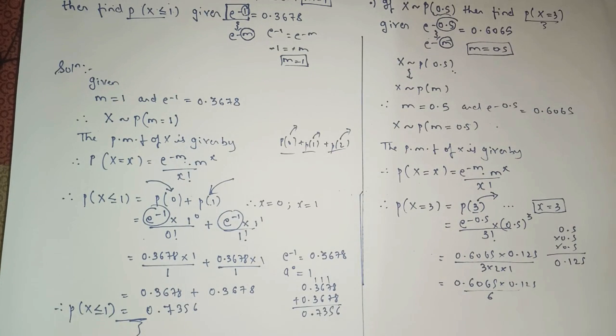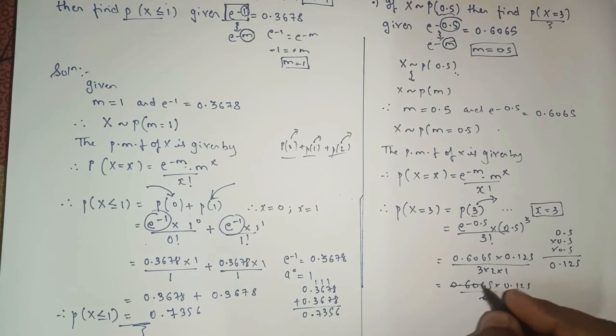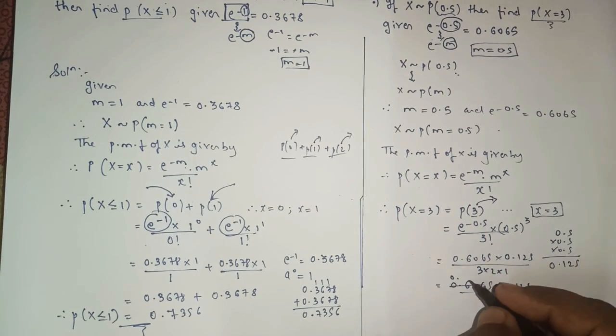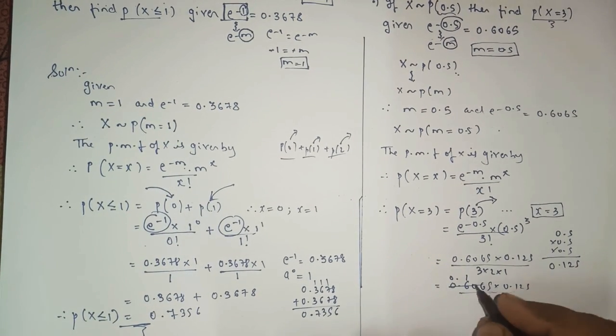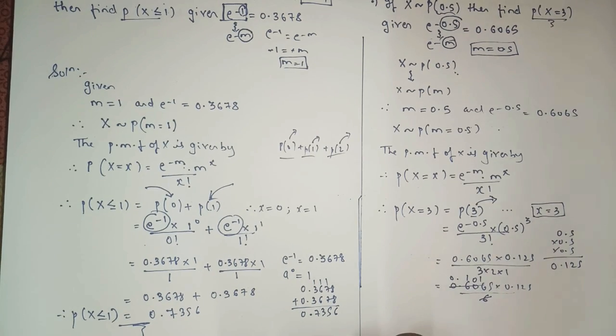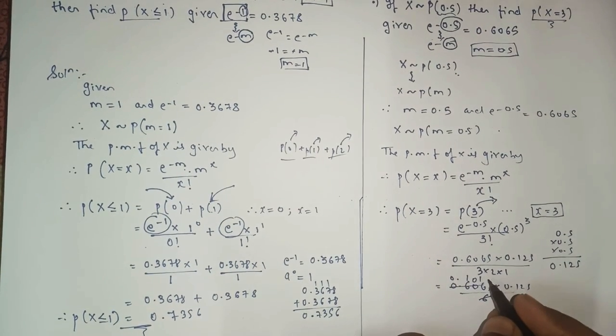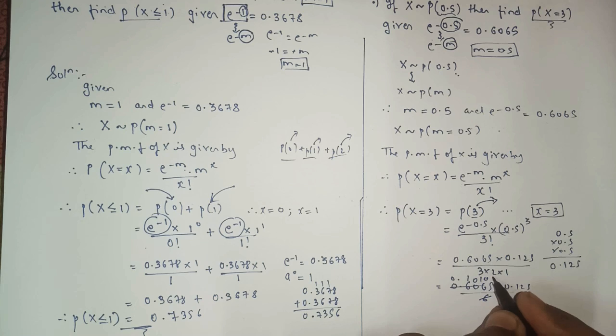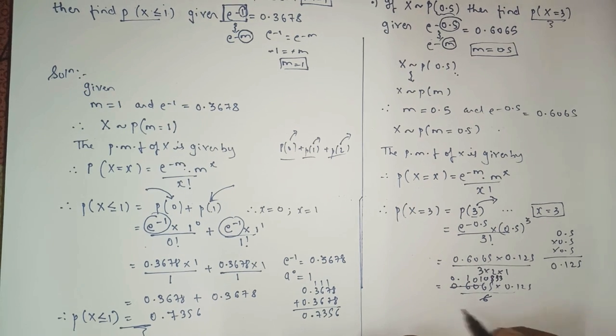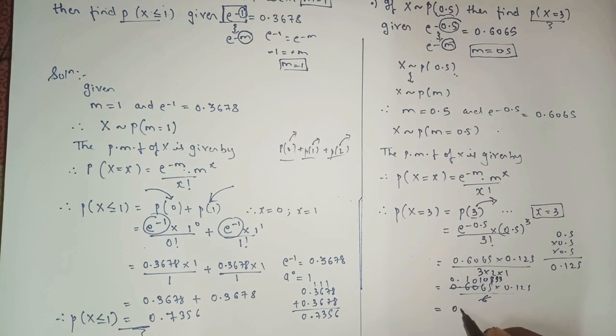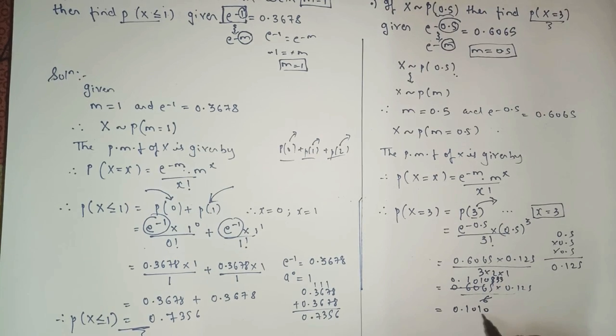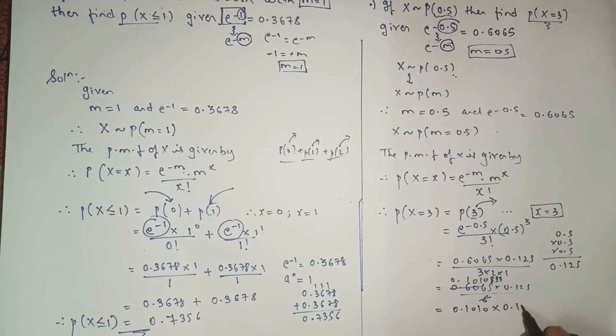After this, if you want, you can reduce this number. 0.6065 divided by 6 gives 0.1010, up to 4 decimals you can write, into 0.125.